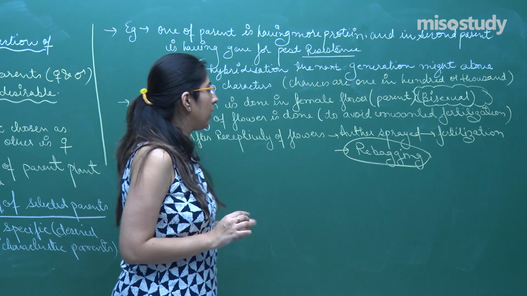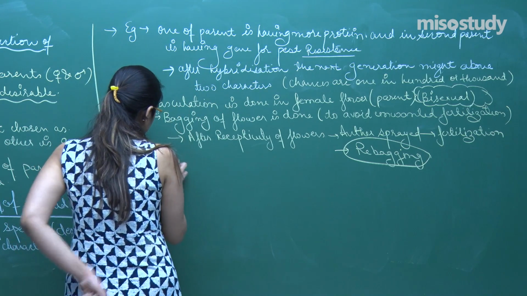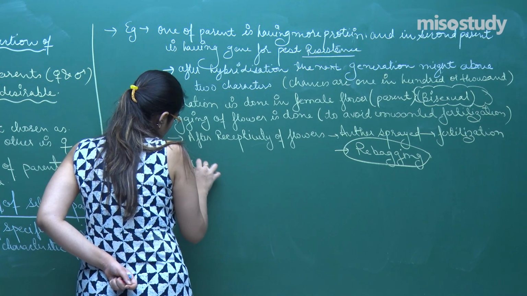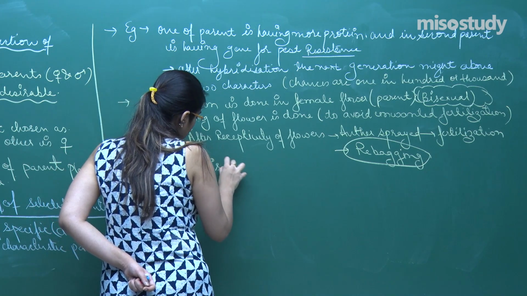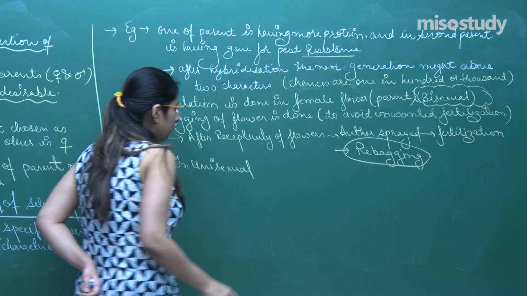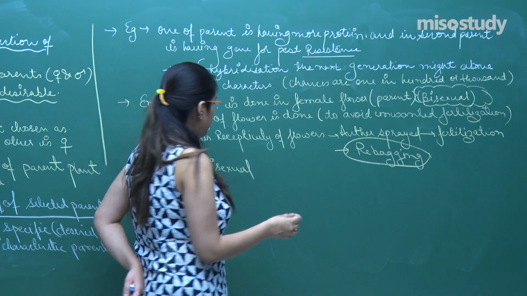After the rebagging, let's talk about the unisexual flowers. In unisexual flowers, emasculation is not done.